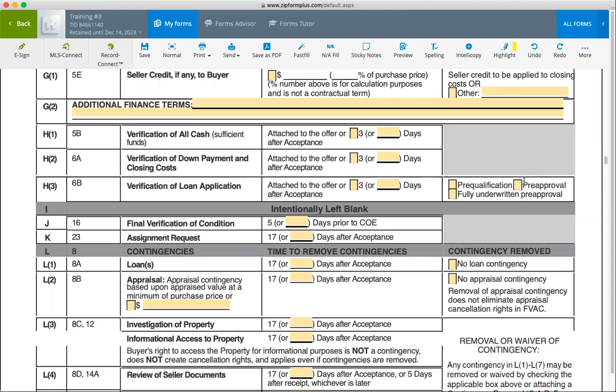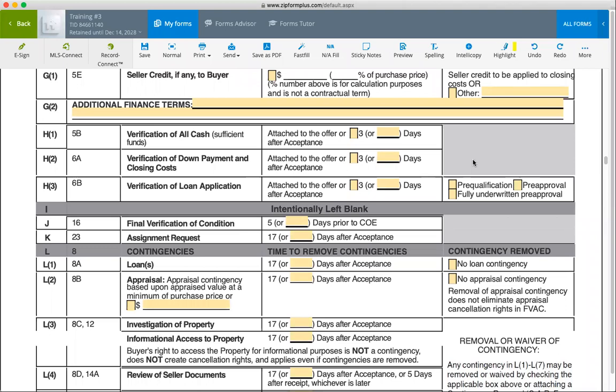The second strongest one would be a pre-approval letter where the buyer has given information to the lender to the extent that they would give you a pre-approval, but they haven't submitted it to underwriting. And then the weakest of these is a pre-qualification letter, where the buyer has just told the lender, hey, I earn this much and I have this much money down.